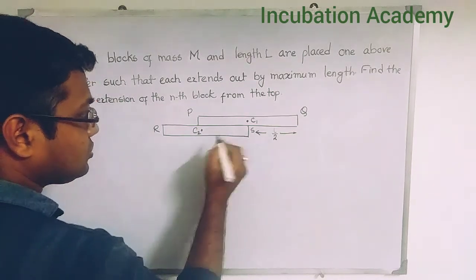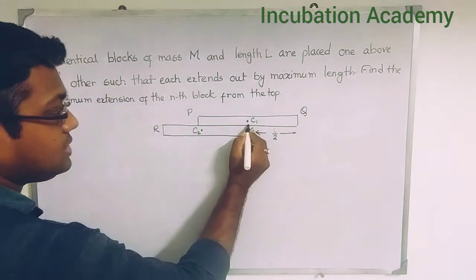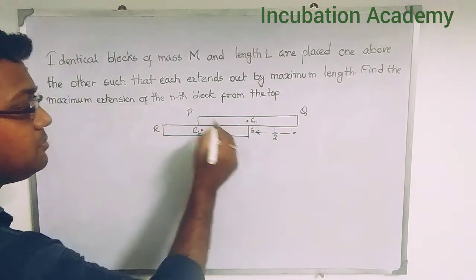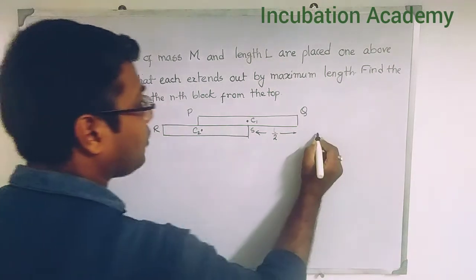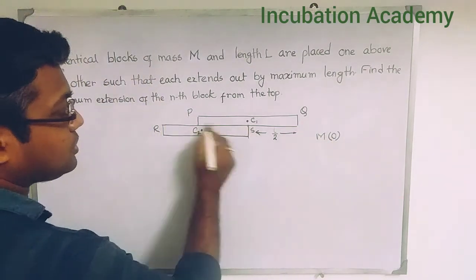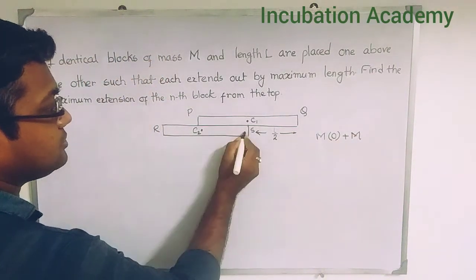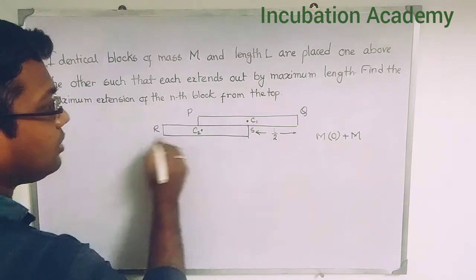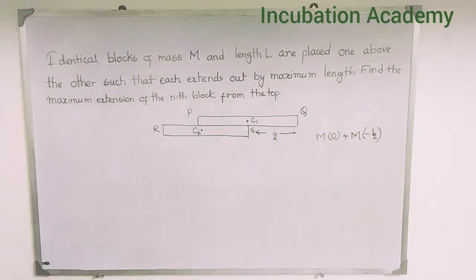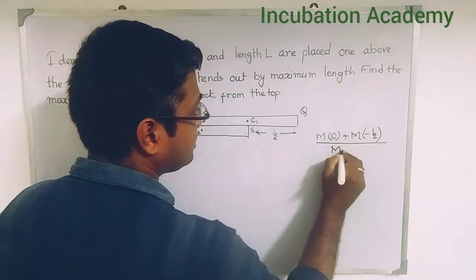If I consider the C1 point as the origin, to find where the center of mass of this combined system lies, I follow this calculation: capital M into 0, the center of mass of the block PQ, plus capital M into L by 2, the center of mass of the block RS, but with a negative sign since it is on the left hand side of the origin I have considered, divided by the total mass.